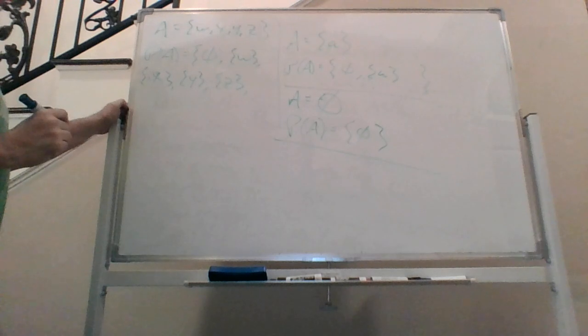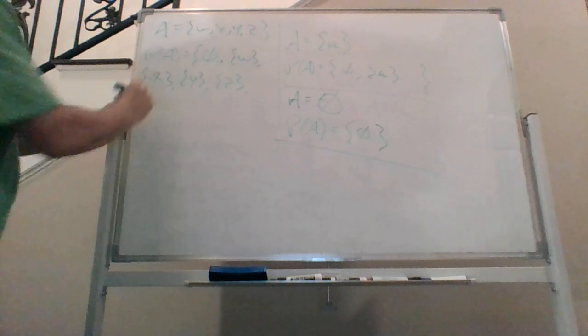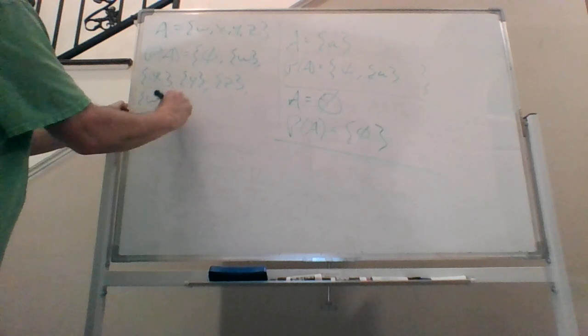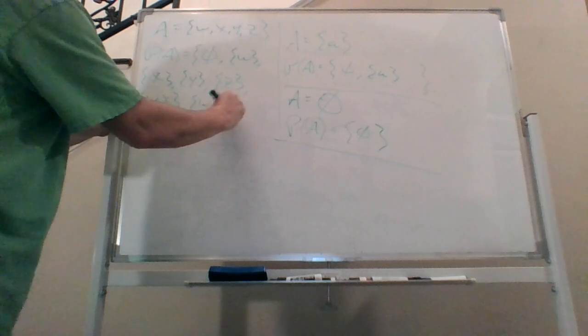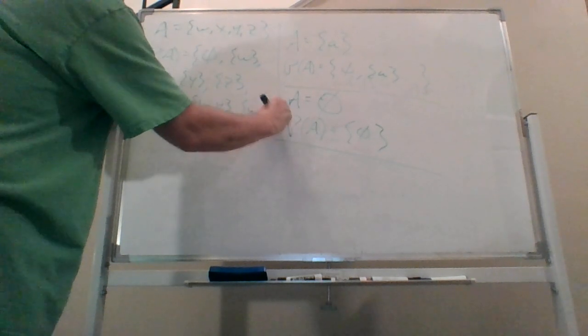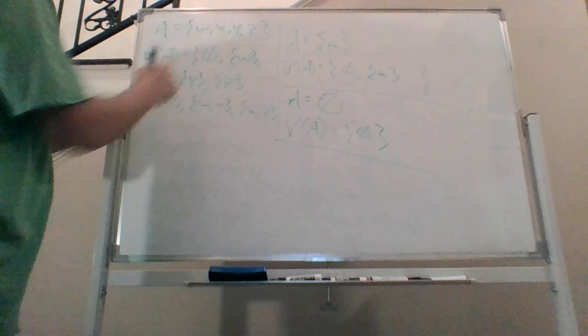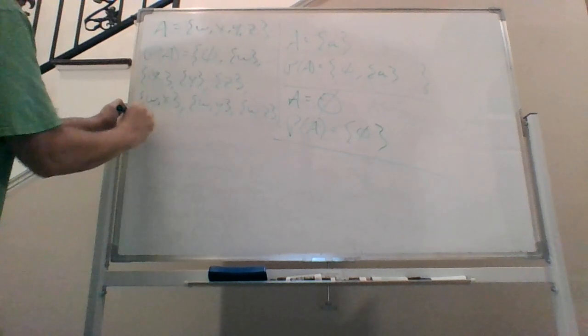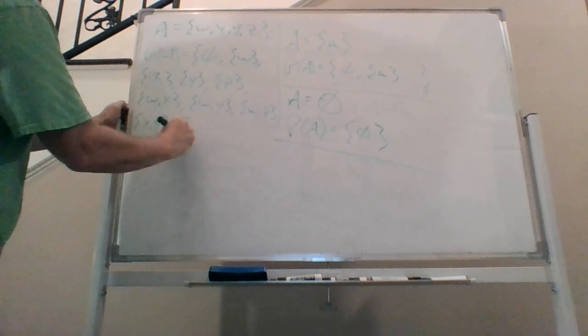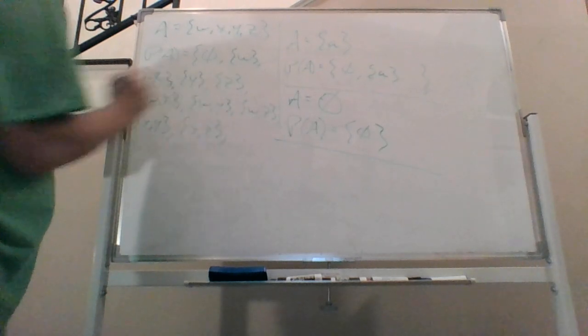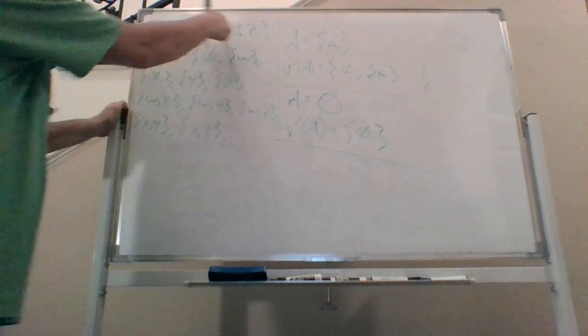Now let's list all these subsets with exactly two elements. wx, wy, wz, that's w with everything. Now let me do x with everything else. x with y, x with z, and then yz.